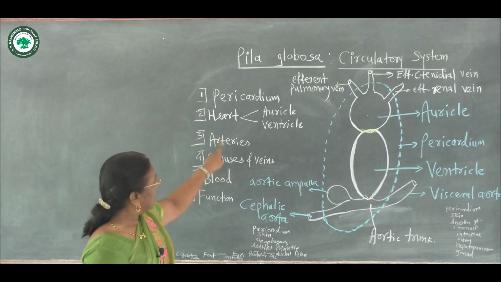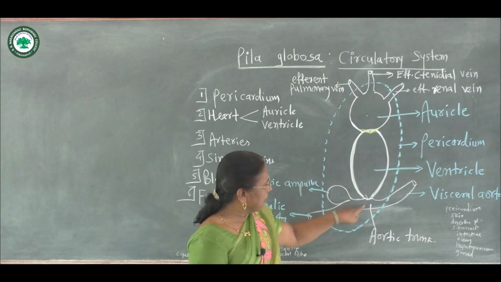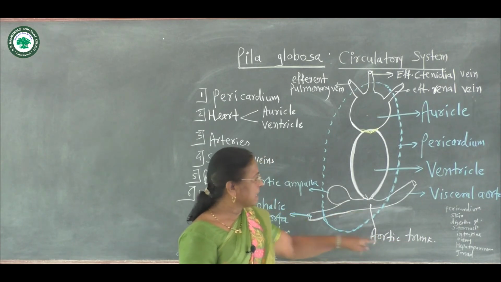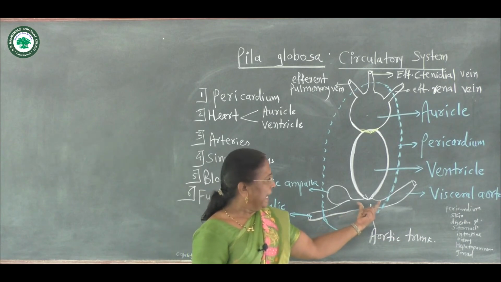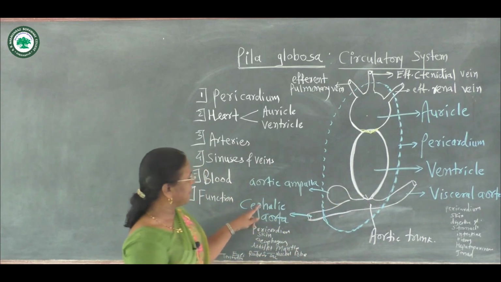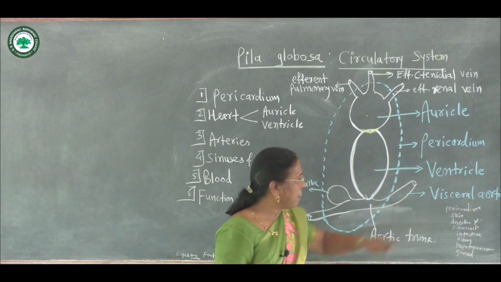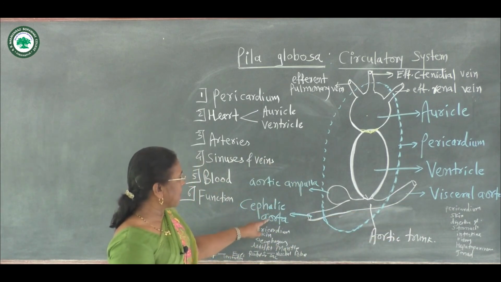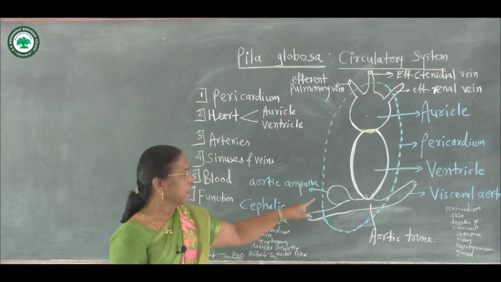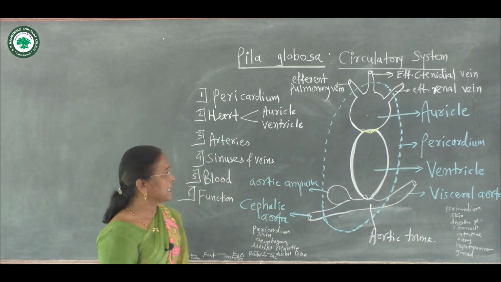Then the arteries. The main artery runs immediately from the posterior side of this ventricle. This aortic trunk is the main artery. It immediately divides into two branches. The anterior branch is called the cephalic aorta and the posterior branch is called the visceral aorta. The cephalic aorta supplies blood to the head and foot complex, while the visceral aorta supplies blood to the visceral organs.